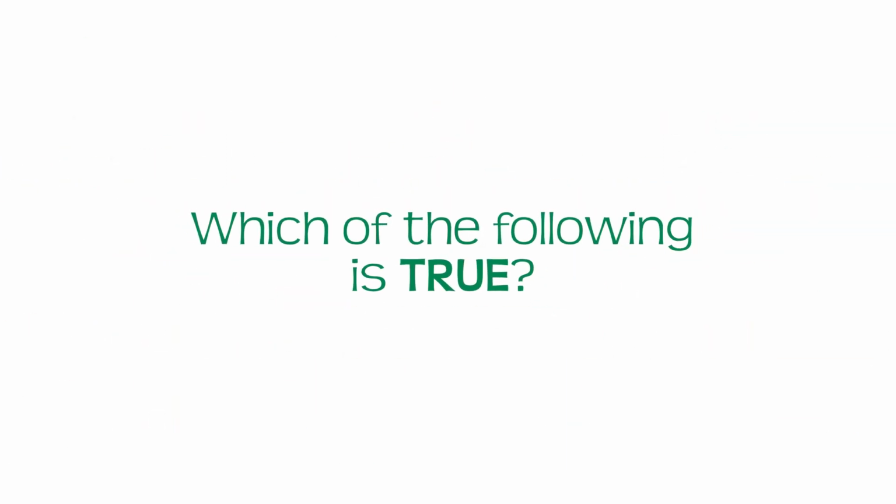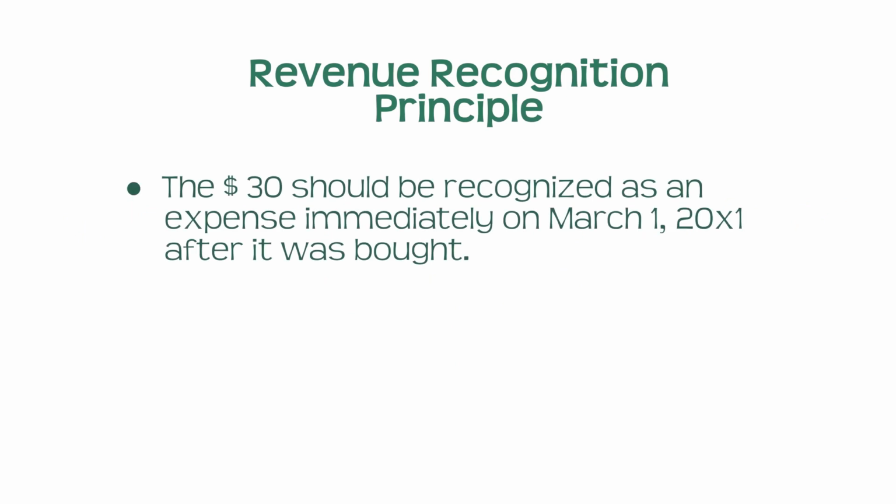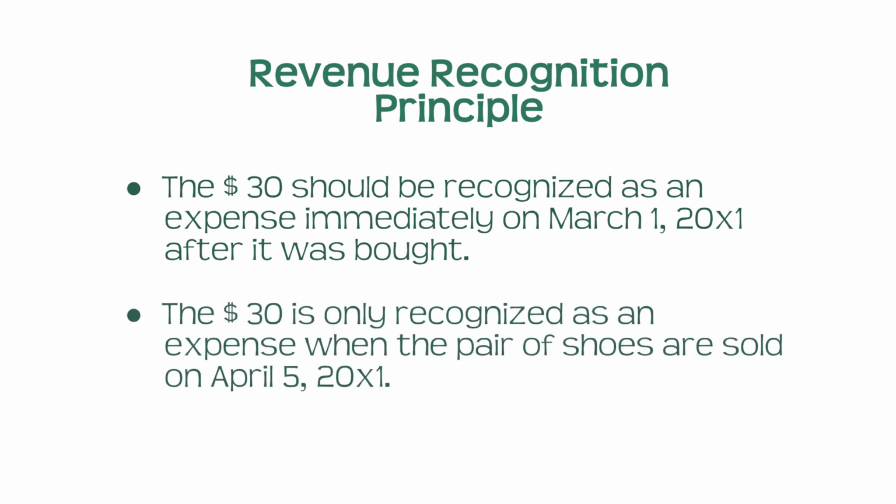Which of the following is true? $30 should be recognized as an expense immediately on March 1, 20X1 after it was bought. Or, $30 is only recognized as an expense when the pair of shoes is sold on April 5, 20X1.